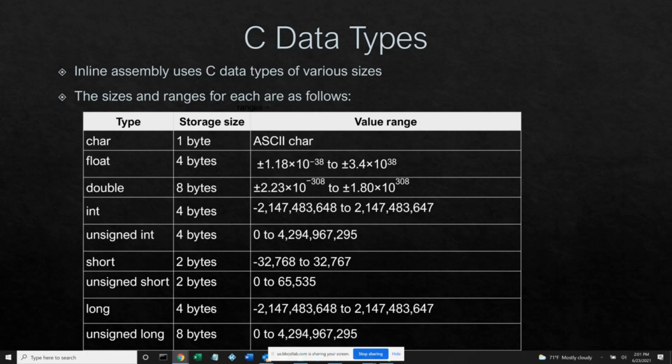And we can also take a long value and use a representation with 8 bytes, and then we can represent the numbers from 0 to 4 billion plus in this particular case.